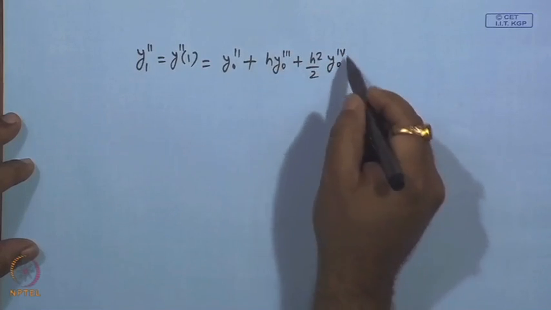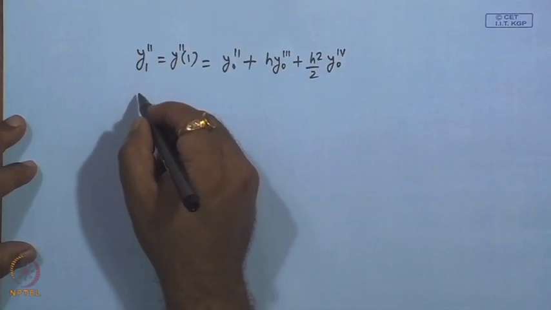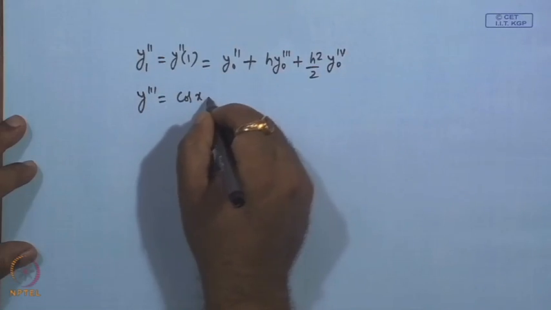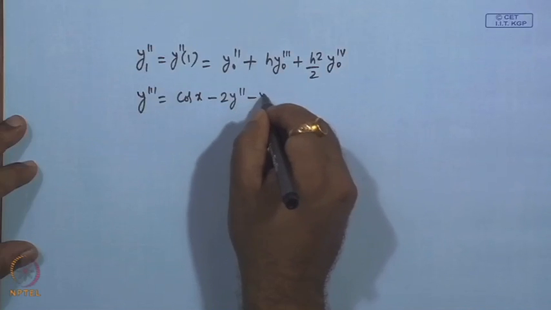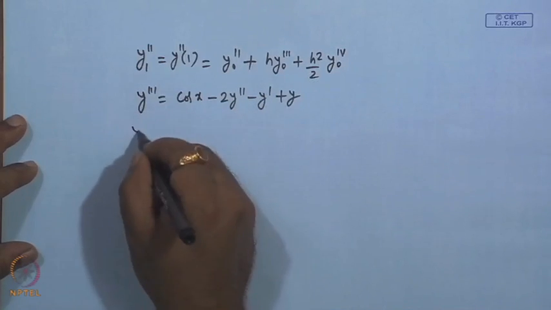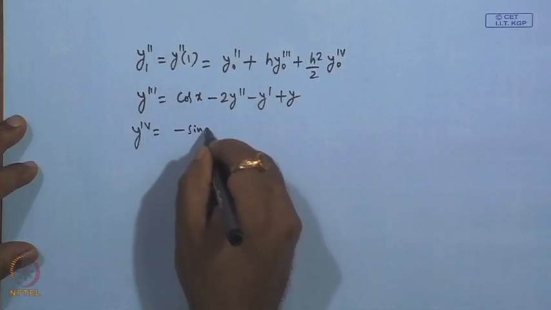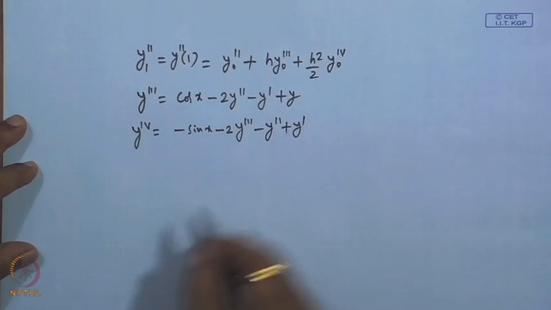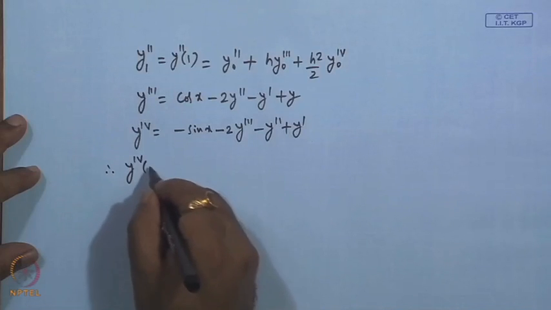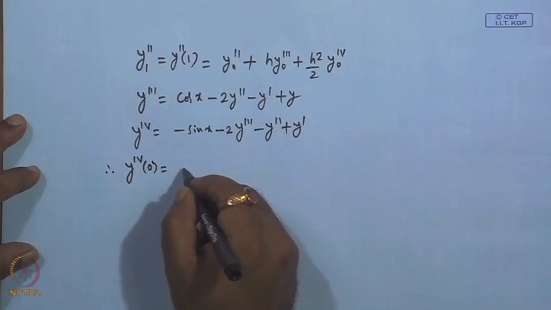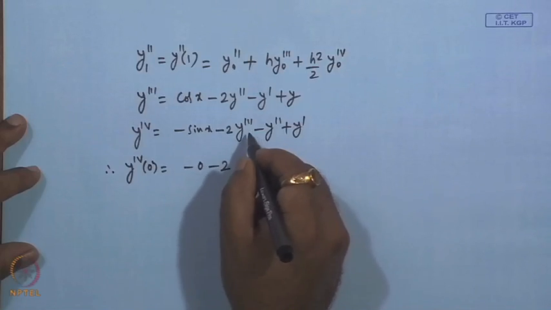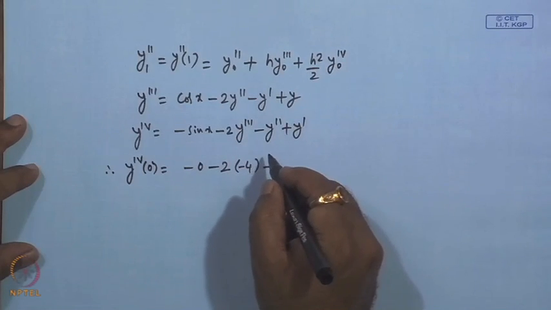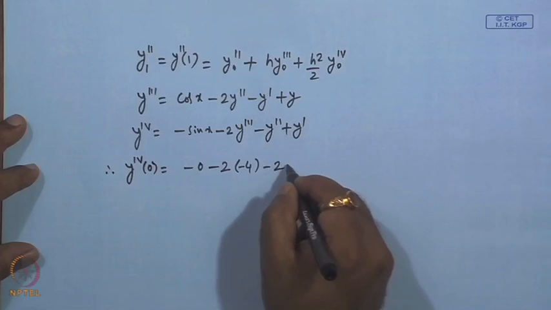We do not know y 4, but from the ODE we can compute it. So, y 4 of 0 is y 3 of 0, which we have just computed, minus 4 y 2 of 0 plus y dashed.